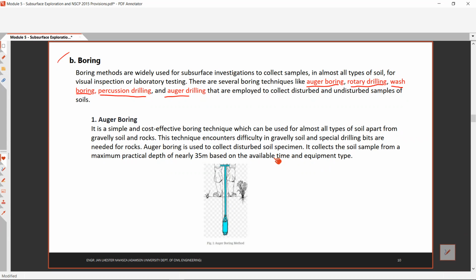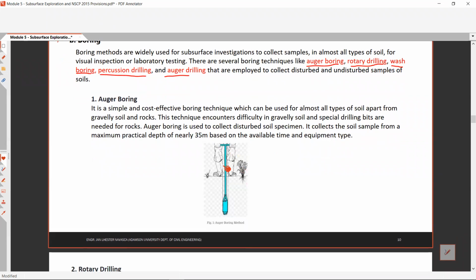The first of the several boring techniques is the auger boring. It is a simple and cost-effective boring technique which can be used for almost all types of soil apart from gravelly soil and rocks. The auger boring method uses manual drilling or manual boring.